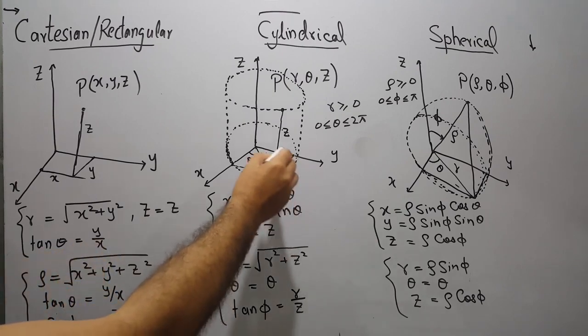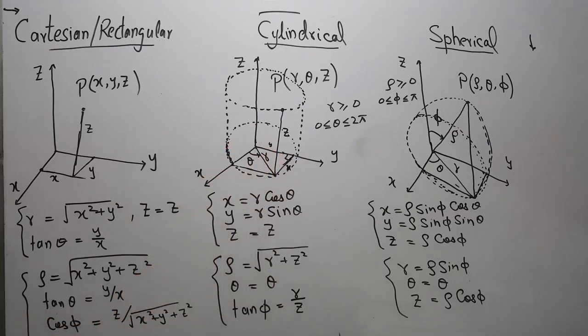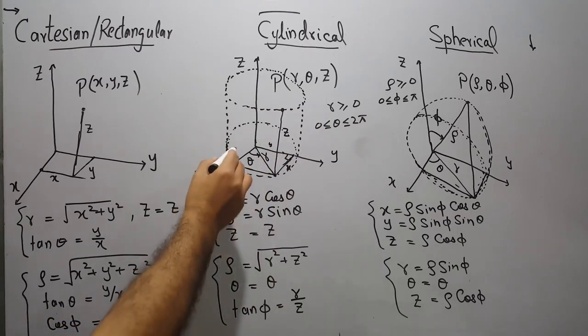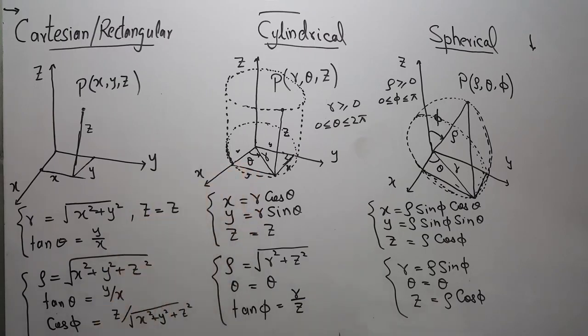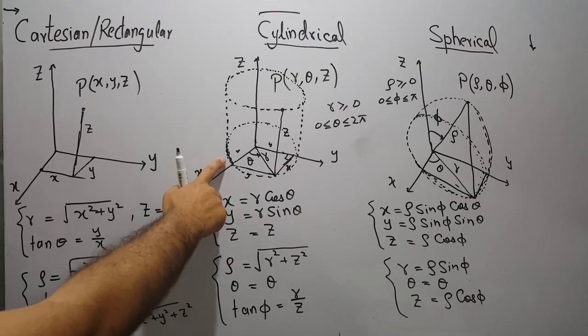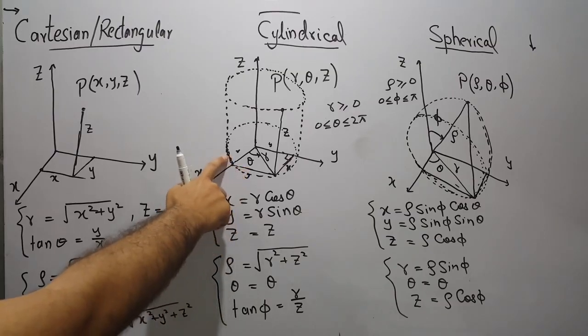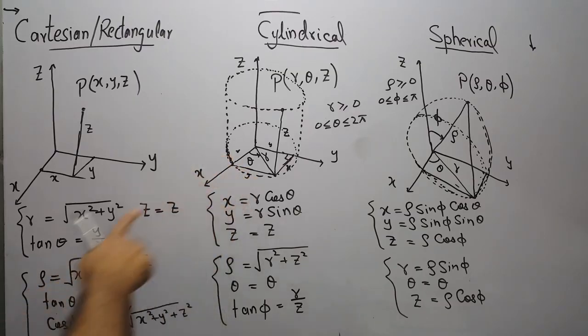So if you have this x and this is y, then according to the formula, tangent theta is base over perpendicular.